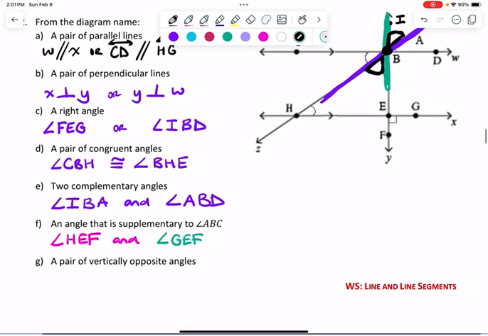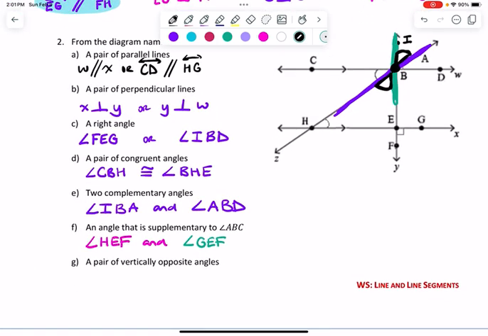So I'm going to choose these 2 here. You could have had other answers, and that's more than okay. I'm going to label those 2 angles. So here I have angle IBA and angle HBE.